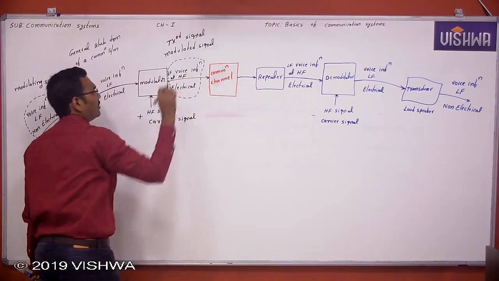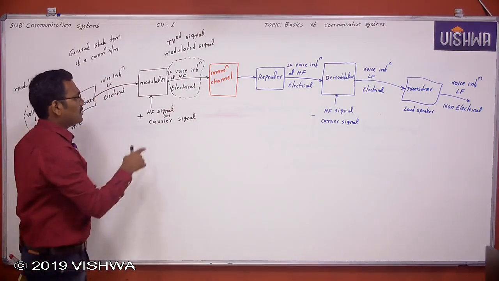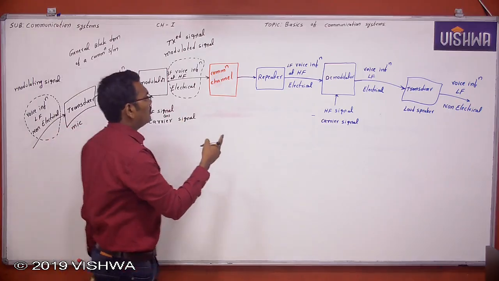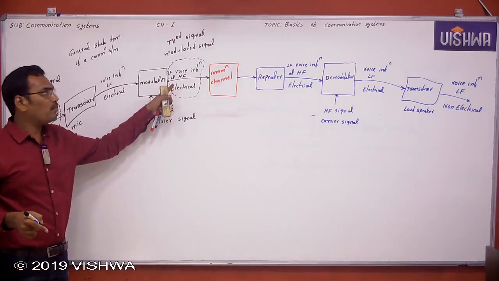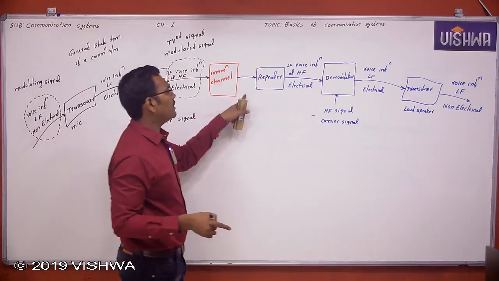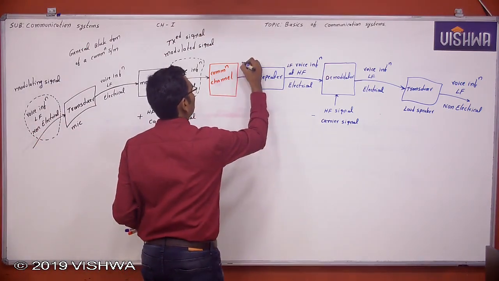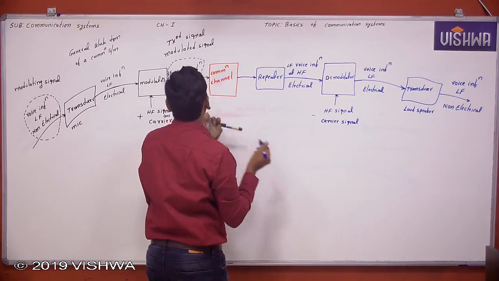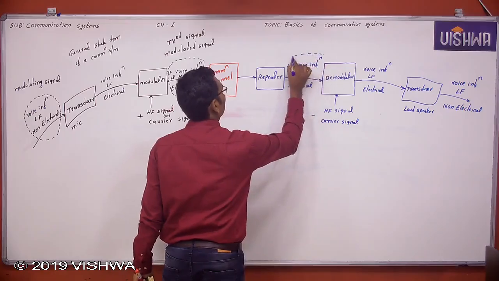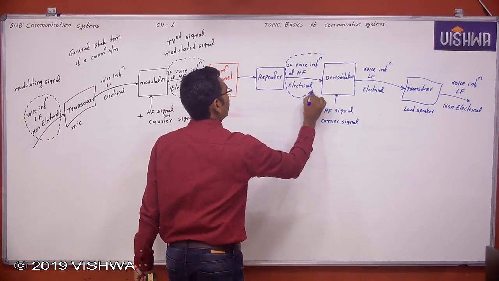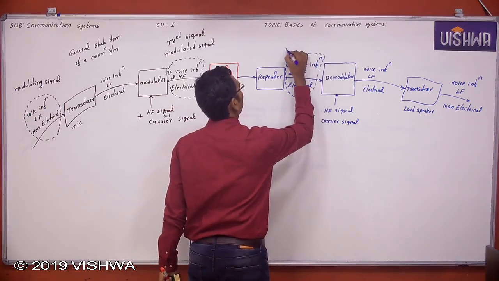Modulated signal after modulation. Now this is the carrier signal, you know that. The output of the transmitter is a modulated signal. Input to the receiver is also the modulated signal. Now this is the modulated signal, input to the receiver.